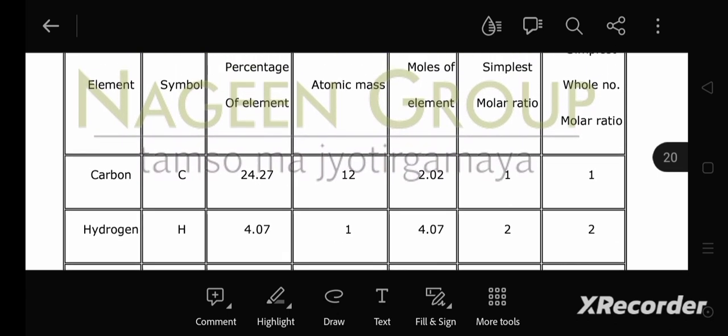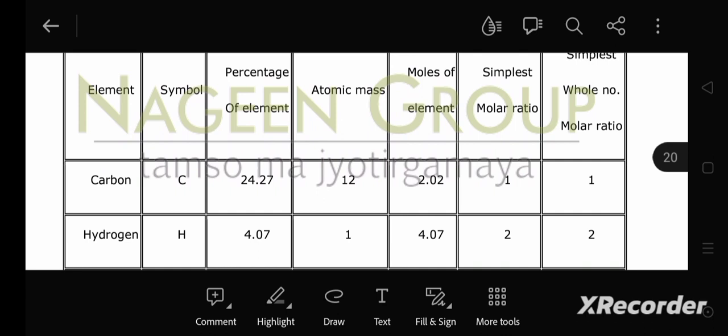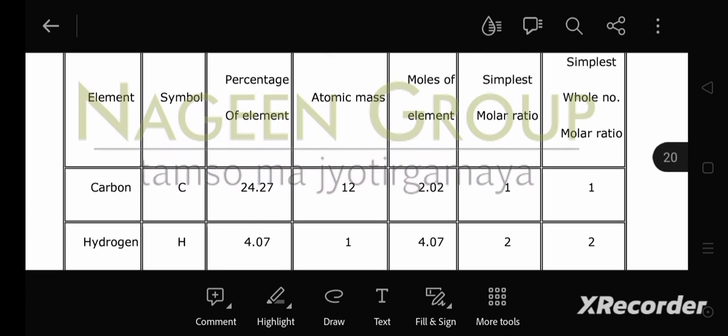Now after knowing the atomic mass, you can calculate the number of moles by dividing the given weight by the atomic mass, that is 24.27 divided by 12. 24.27 is the weight and the atomic mass is 12. After dividing 24.27 by 12, you will get the moles of the element, that is 2.